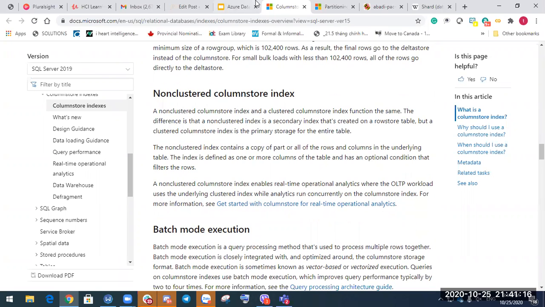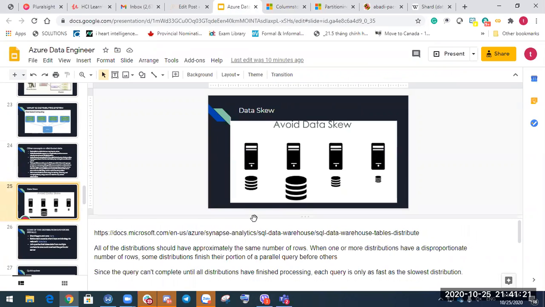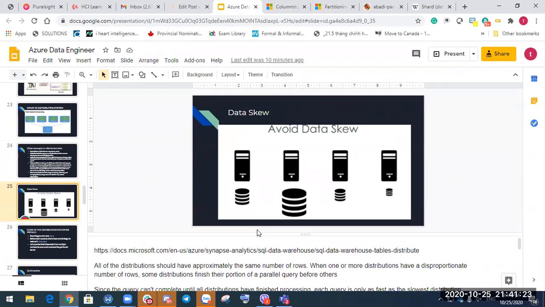Okay, so let's go over and talk about data skew, because data skew is also a big issue in distributed systems, and Azure and other cloud providers each have different tools to deal with this issue, but the solution is very similar. In a distributed system, when you distribute a table, it should have approximately the same number of rows.